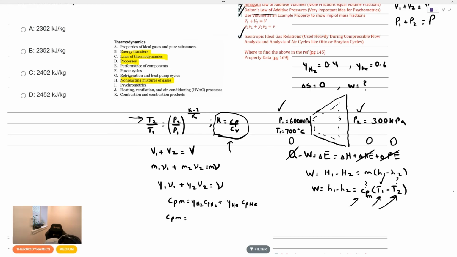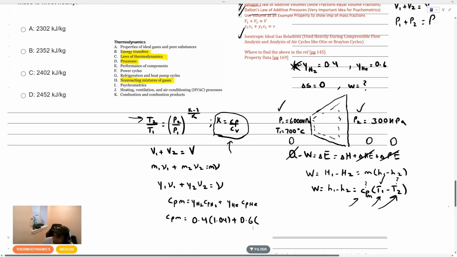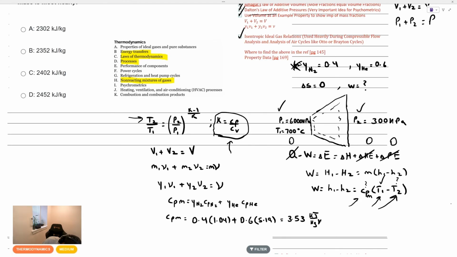Cp of the mixture is the mass fraction of nitrogen, which was 40%, times Cp of N2, that's 1.04, plus the mass fraction of helium, 60%, times Cp of helium, which is 5.19. So the Cp of the mixture turns out to be 3.53 kilojoules per kilogram Kelvin. So that's Cp of the mixture.